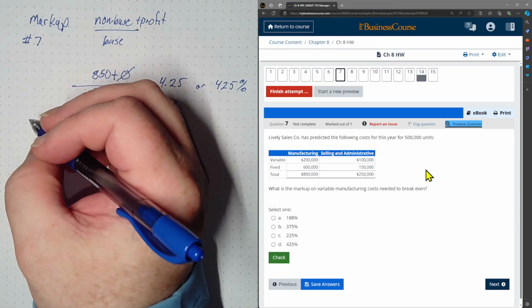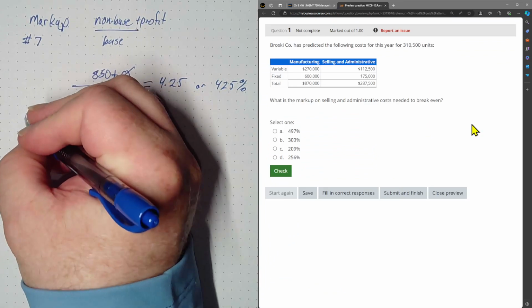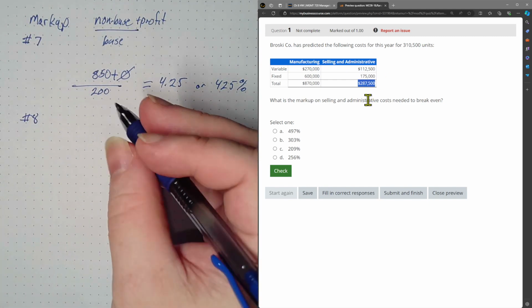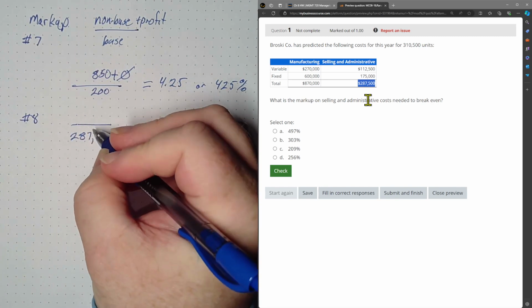When we go to the next one here, number 8, again, we want to look at, is there profit, is there no profit, and then what is the base? The markup on selling and administrative costs. So it's not talking about one box, it's talking about both these boxes, right? It's talking about the total selling. So the point is, it can be either vertical, it can be horizontal, or it can be one box. So here we're talking about the base being 287,500.